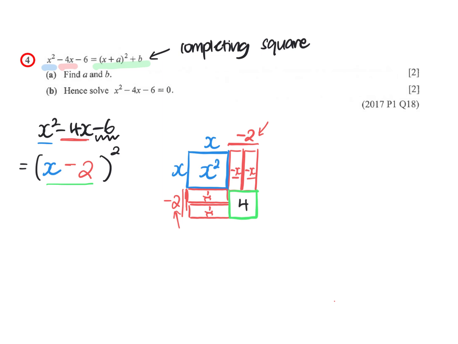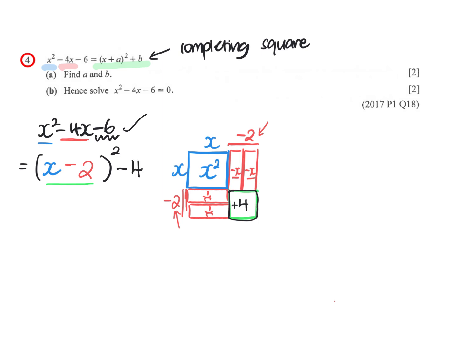So how am I going to change it to match this expression over here? Since this is definitely a plus 4, I shall need to remove this whole square over here. So I'm going to do the opposite: I'm going to subtract whatever is here, which is subtract 4.